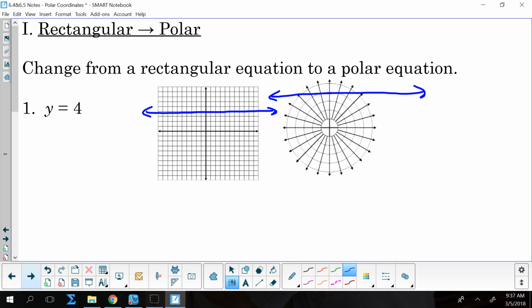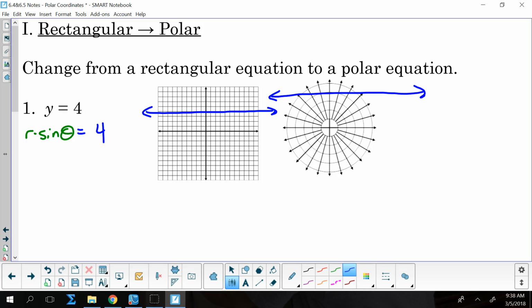In place of y, we're going to put r times the sine of theta equals 4. I'm replacing y with what y is equal to. It's called substitution in algebra. You've done it hundreds of times. Right?